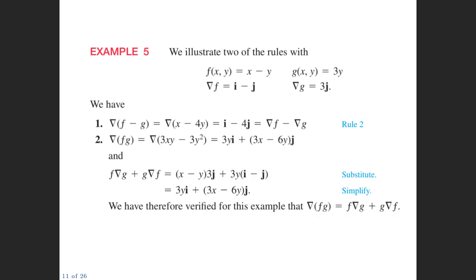And to show that the product rule is true for these functions, f multiplied by g is 3xy minus 3y squared, and the gradient of that is 3y i plus 3x minus 6y j. And of course, that's the same as f nabla g plus g nabla f.